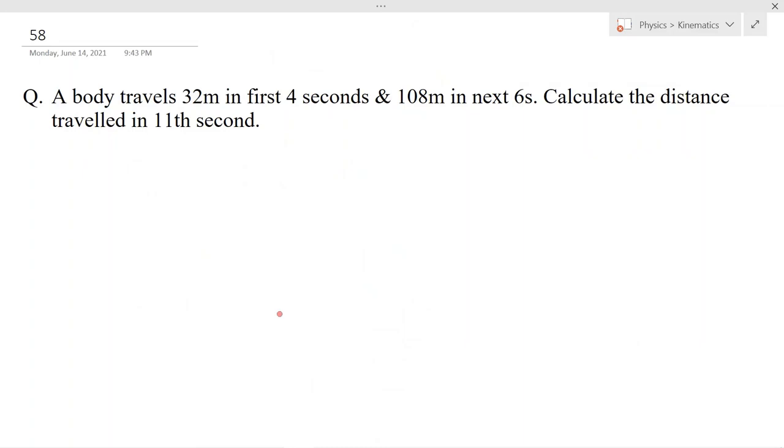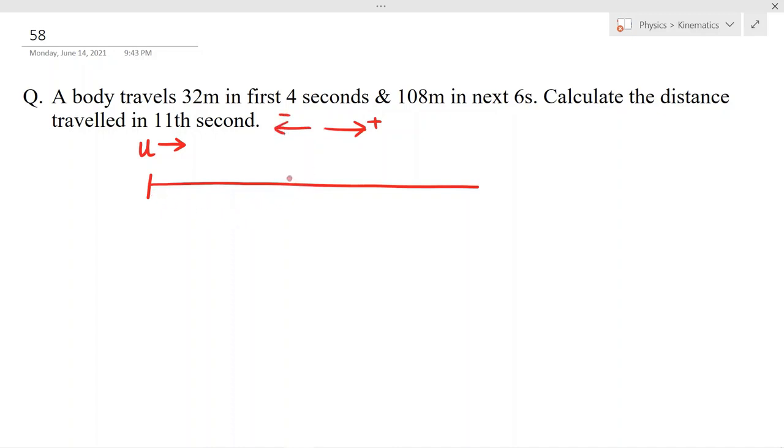A body travels 32 meter in first 4 seconds and 108 meter in next 6 seconds. Calculate the distance traveled in 11 seconds. Now let's assume it is starting with some uniform velocity u towards right, and let me take right as a positive direction, left as a negative direction.